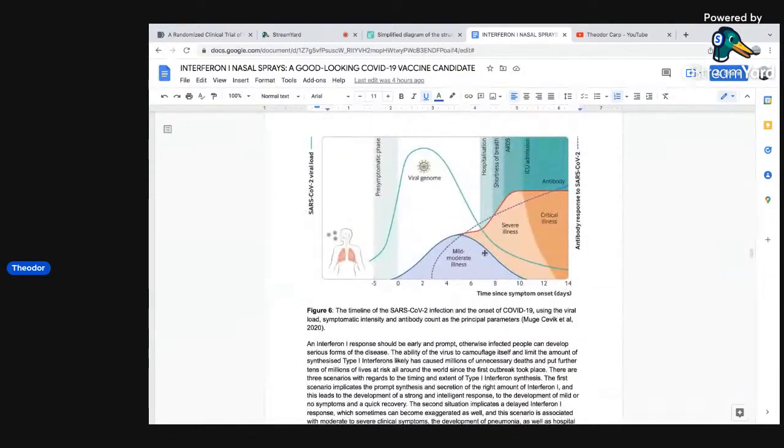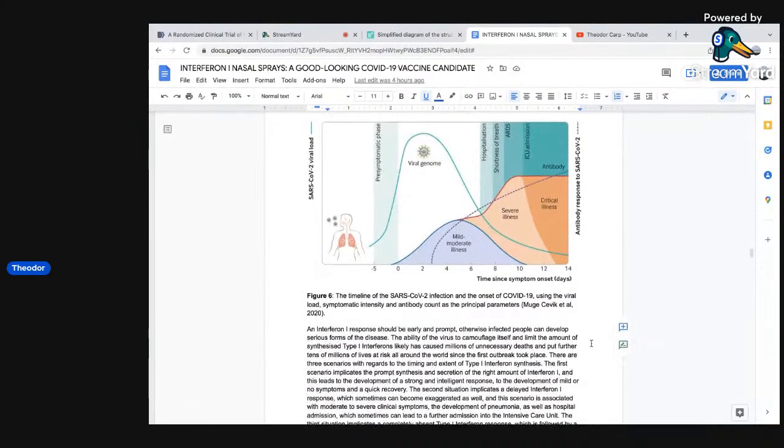See, I have the timeline of the disease here, SARS-CoV-2 infection. The peak of the viral load is usually reached around 2 days or 2 and a half days, in maximum amount of time since the first symptoms develop.